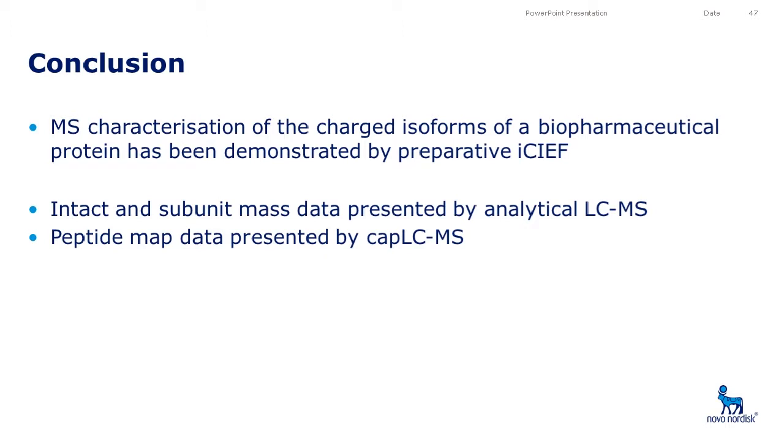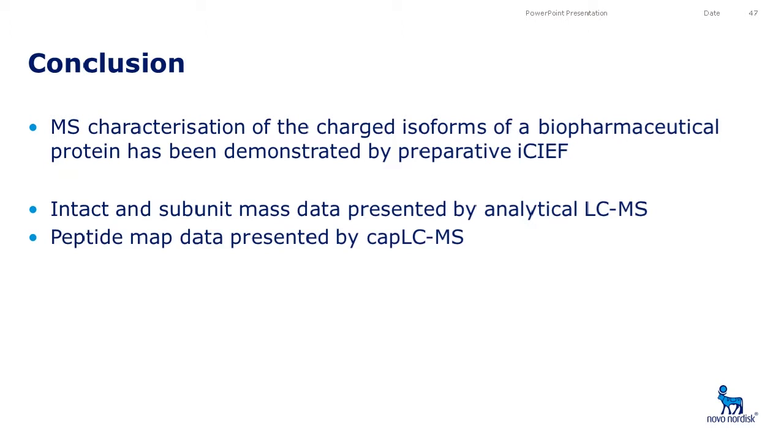Here I want to conclude that, first of all, we were very happy with the nice and clean separation of the different isoforms within the fractions, even though it was manual sample preparation. Then we were able to show that it's possible to do intact mass analysis as well as heavy chain, light chain, and half antibody analysis, and subsequently peptide map analysis.